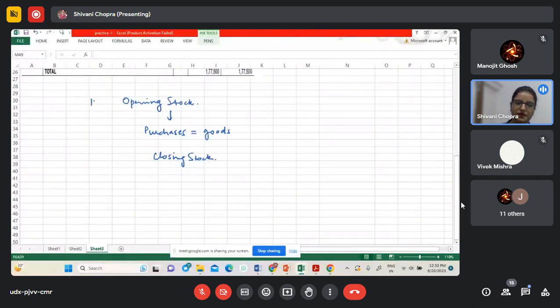Let's assume you have 1,000 in the beginning. You purchased 7,000 more. So you had a total of 8,000 units to be consumed if it's a production unit, or to be sold if it's a trading unit, right?